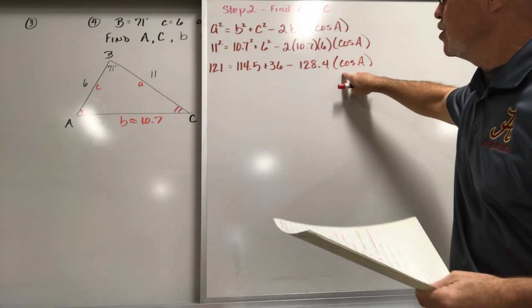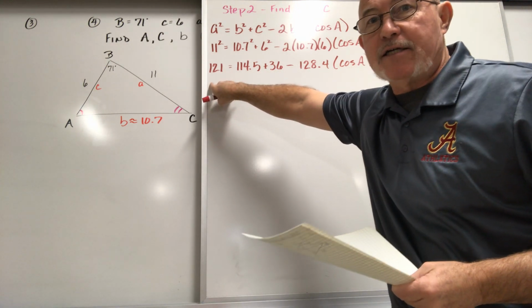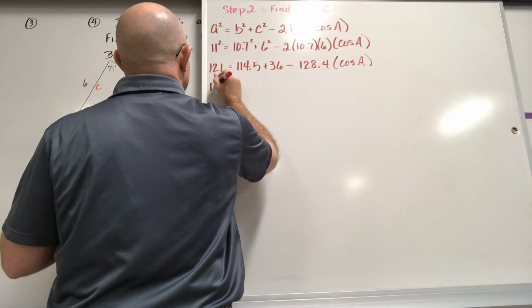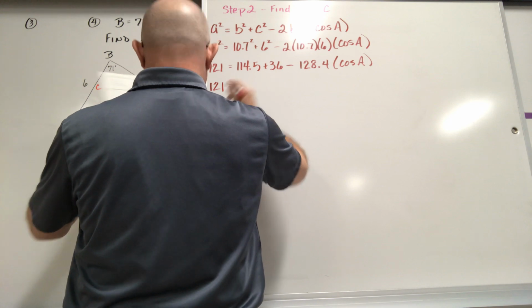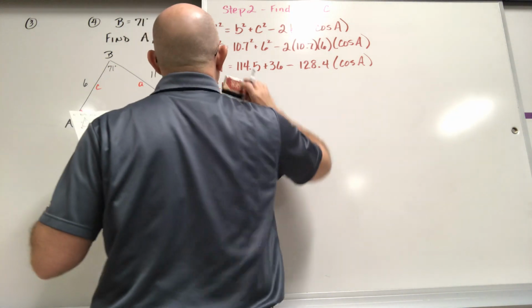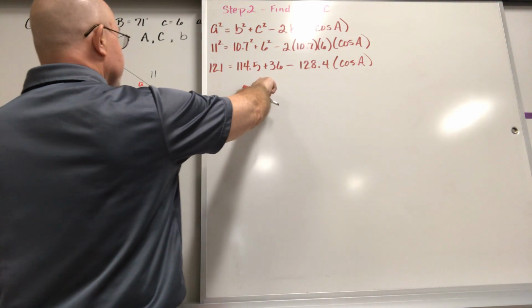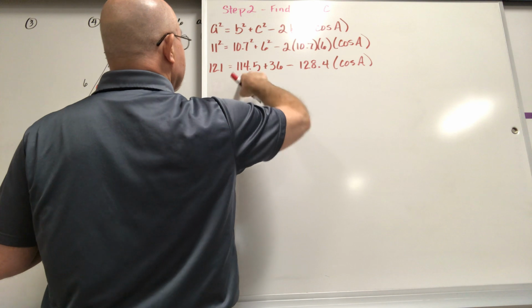So here's what we're going to do. We're going to combine and subtract from this side, and here's what we're going to get. So combine those together and subtract. You're going to get 150.5.